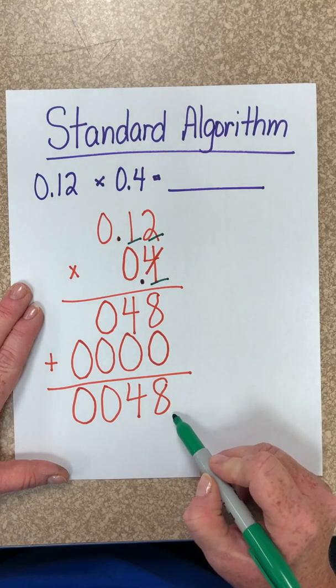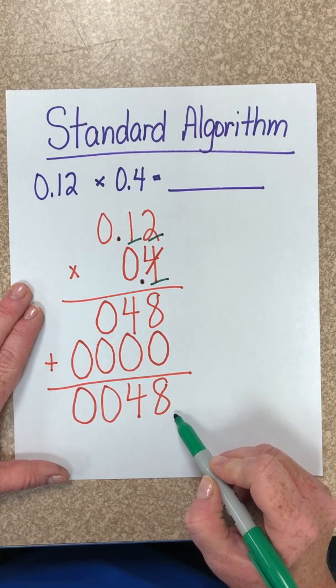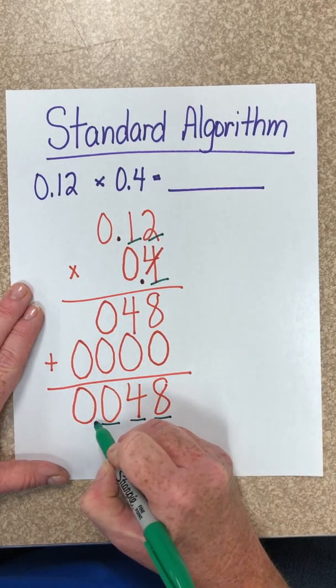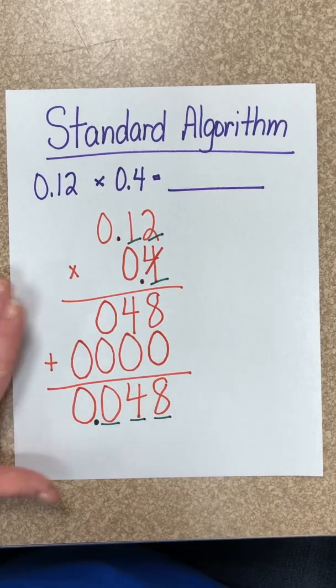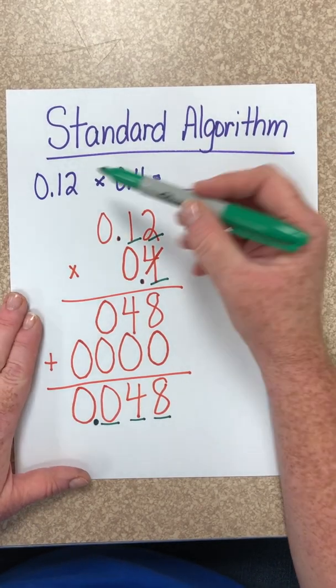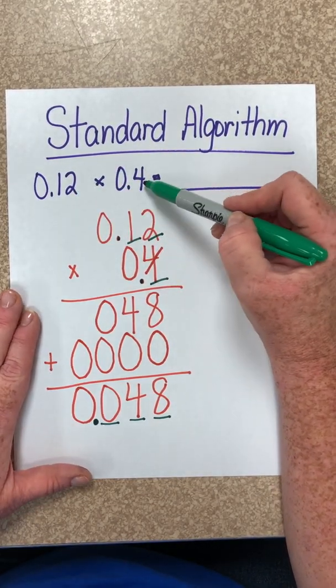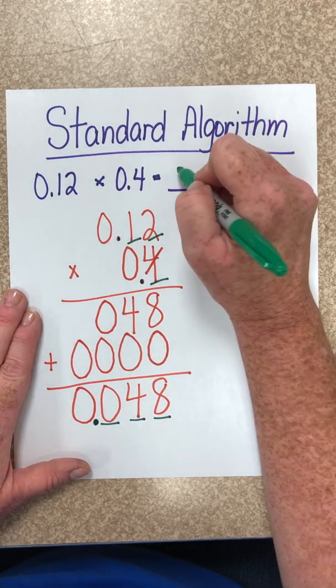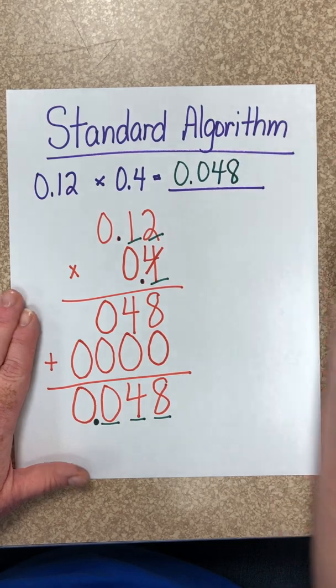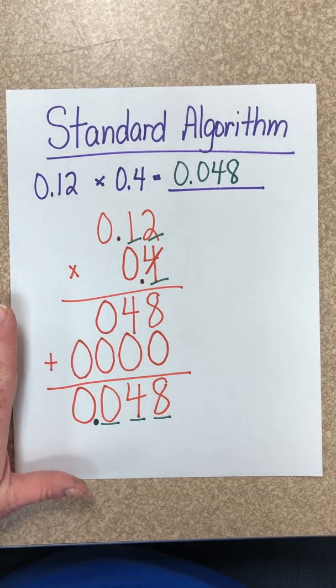So I start on the right and I count 1, 2, 3, and the decimal point goes there. Our answer to 12 hundredths times 4 tenths is 48 thousandths.